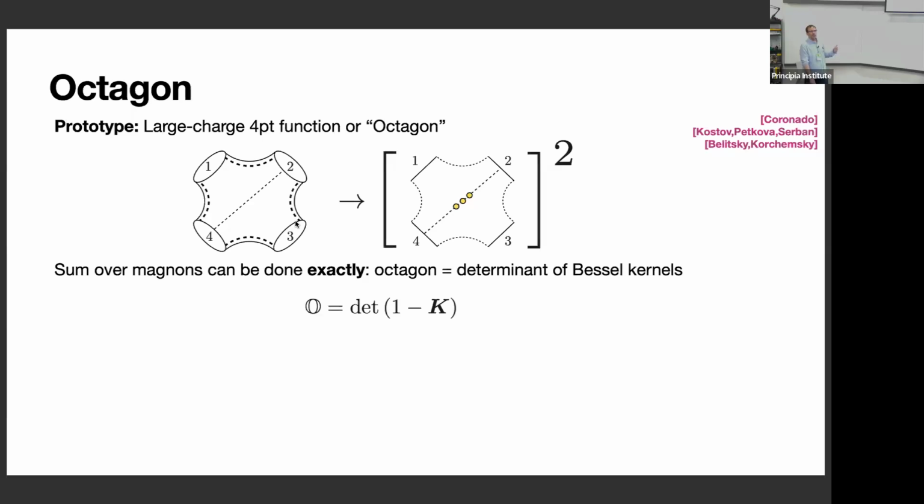So this is one first evidence that there is structure beyond this construction, beyond the hexagons, which only shows up after we take into account this sum over the mirror magnons, which here allows one to express this octagon as a Fredholm determinant of an exact kernel, the Basso kernel. So this is an infinite dimensional determinant of some operator which is expressed in terms of Bessel functions.